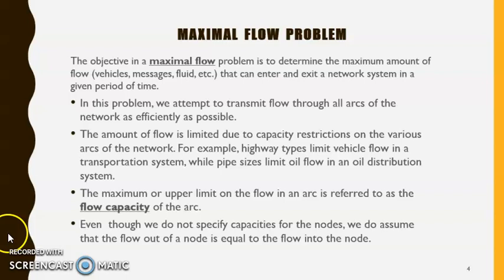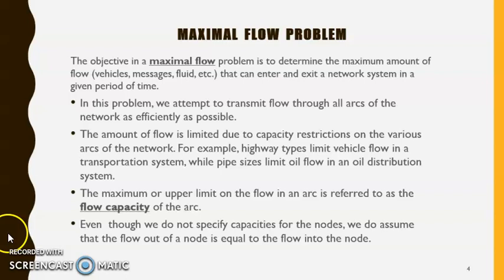But in highways, such a thing never happens. When you are considering an intersection, the traffic that goes into the intersection and the traffic getting out of that intersection are the same.